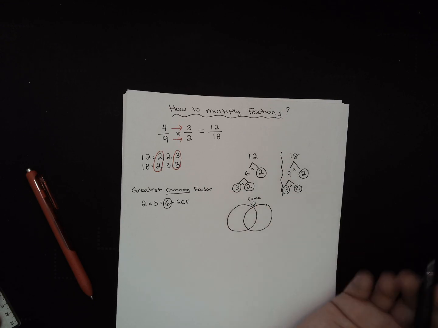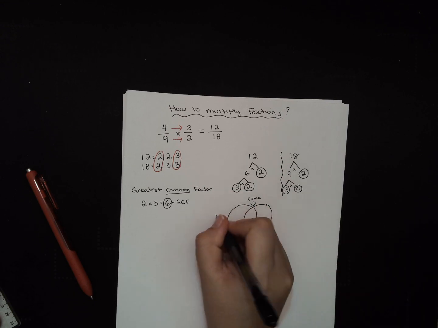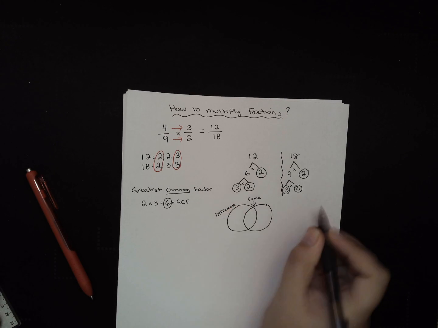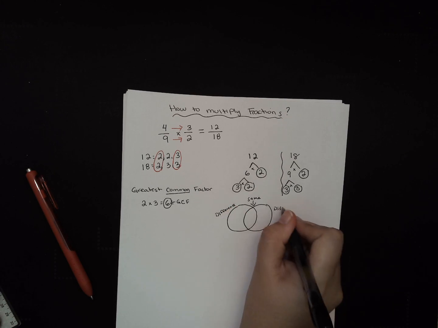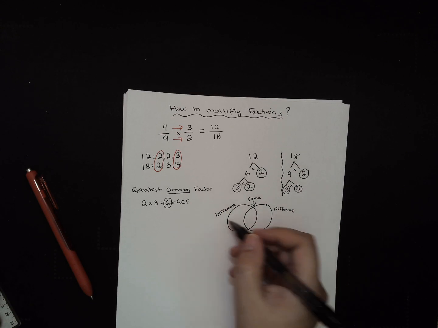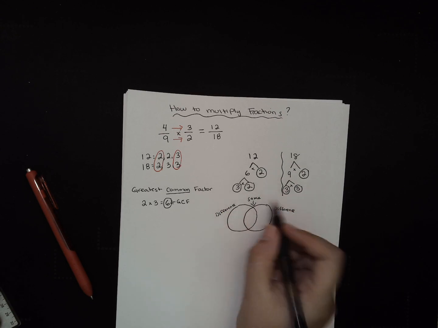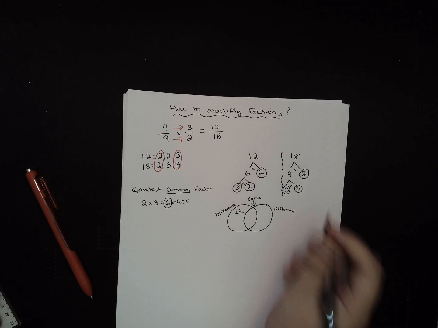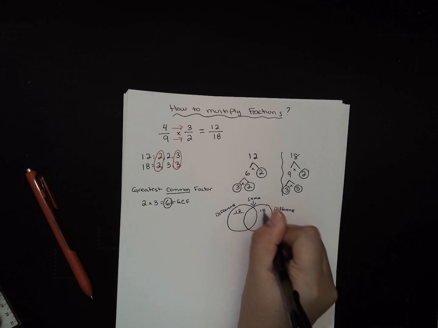What do they have in common? On the sides is my difference. Okay, and right here I have my 12. So I'm going to talk about my 12s. And I'm going to talk about my 18s.